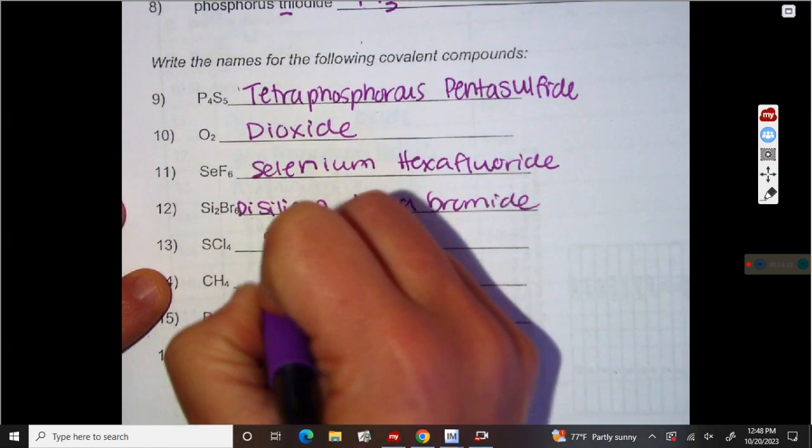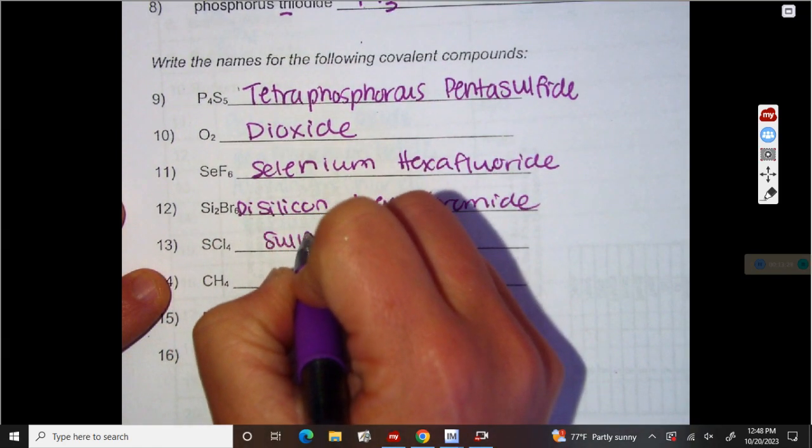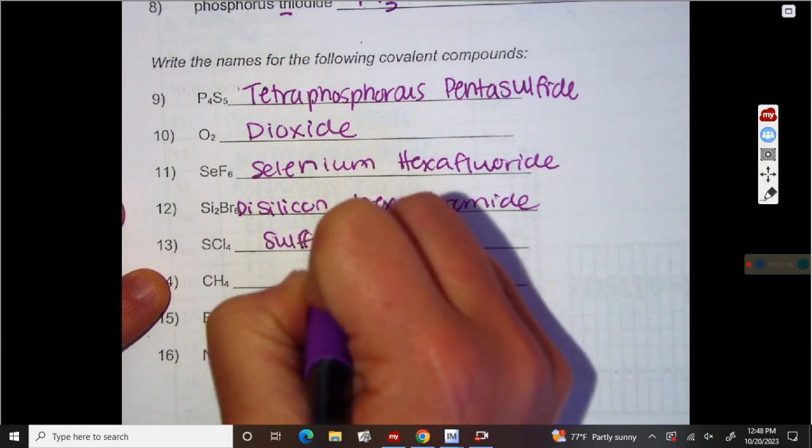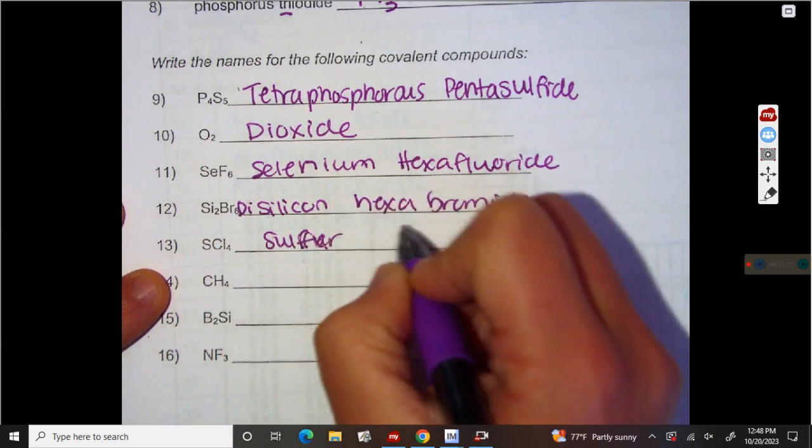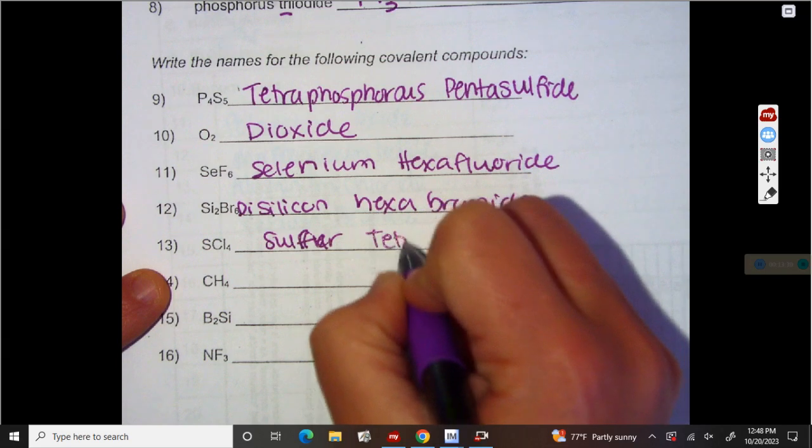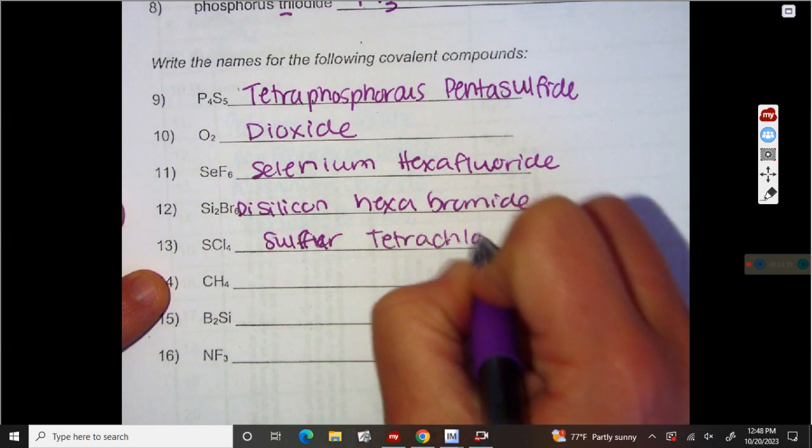This one's just 1 sulfur, so sulfur tetrachloride.